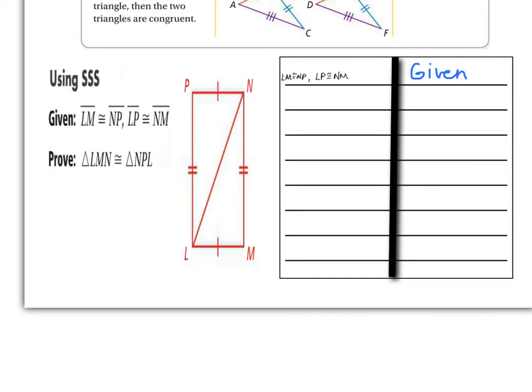So I know that in each triangle, NL is congruent to NL. And if NL is congruent to NL, I can put 3 markings here in my picture. What would the reason be for that? As you look at your tool belt, this is the reflexive property. Remember, we mirror on each side the exact same thing.